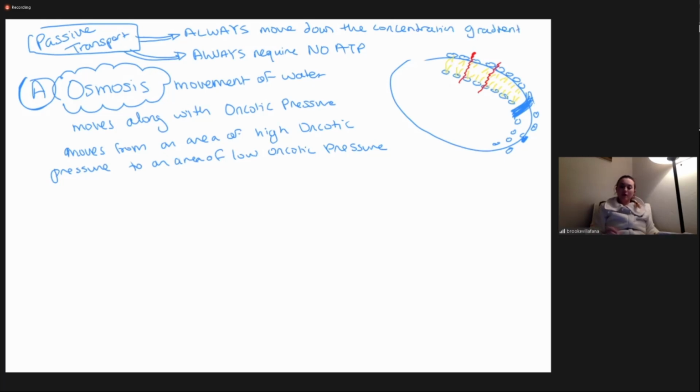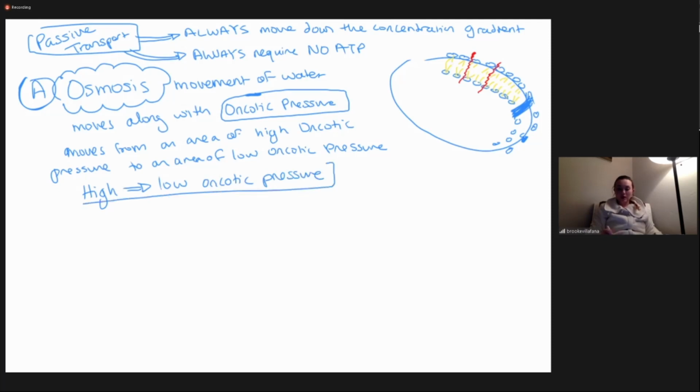So that's why for osmosis, we tell you that oncotic pressure is the specific word we use for water, but osmosis is moving from high to low oncotic pressure, okay? Trying to keep this as simple as possible. Oncotic pressure is a very complicated concept, but water moves from high to low oncotic pressure.